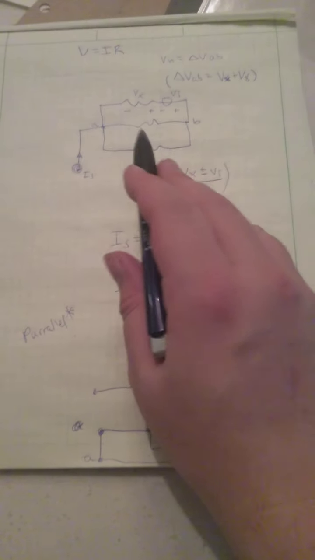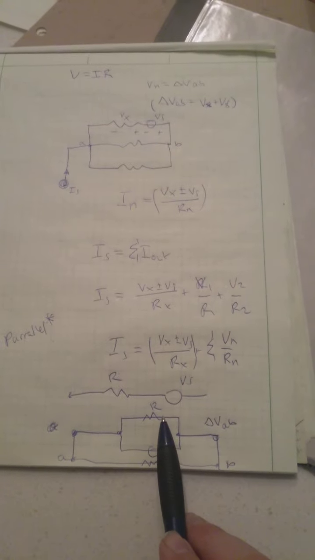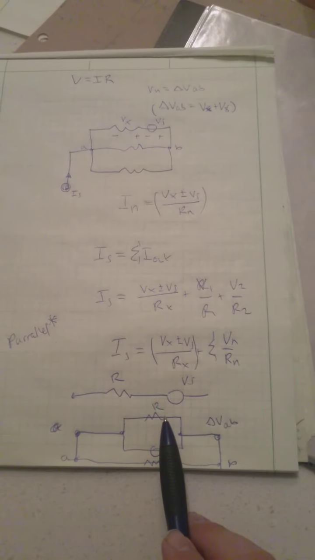So all of this would be delta V A to B, because remember this piece is the same as this up here. So here you have AB, here you have AB. Here's the resistor in the middle. V is equal to IR.